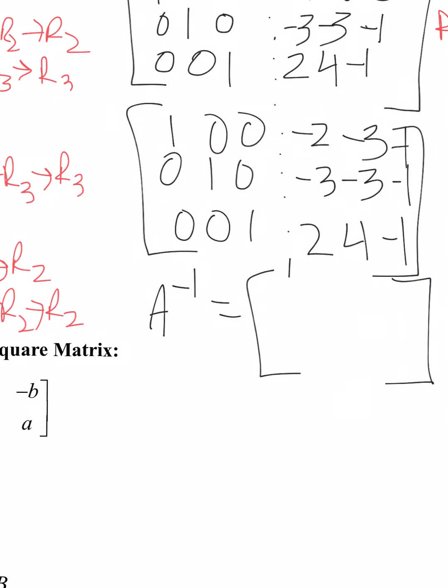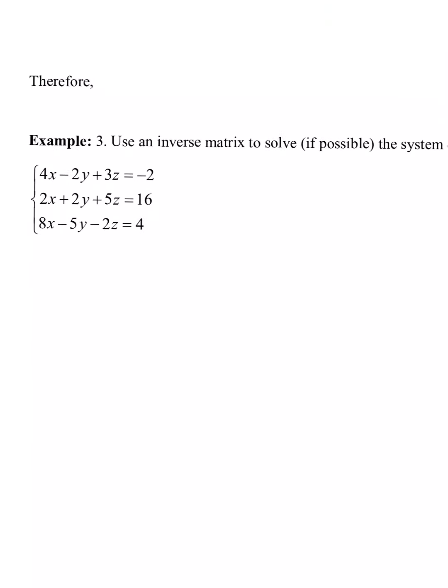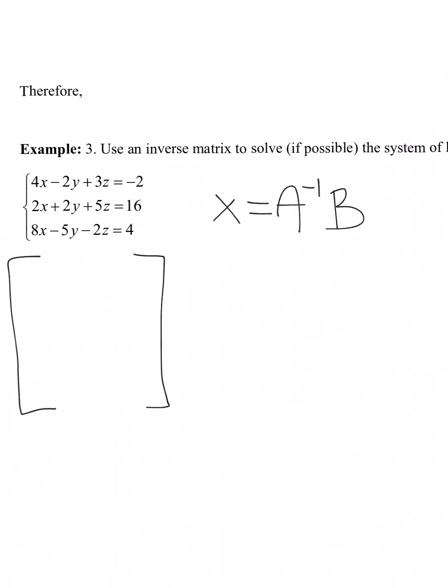Lastly, we have solving a matrix using that X equals A inverse B. So if we look here, if we write out our coefficient matrix, this will show us how inverse matrices are a way of solving systems.